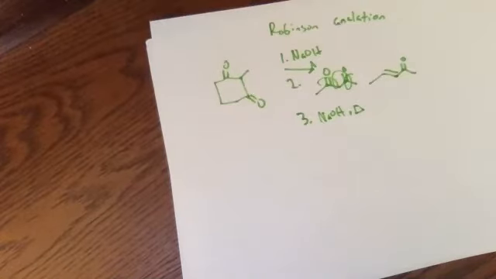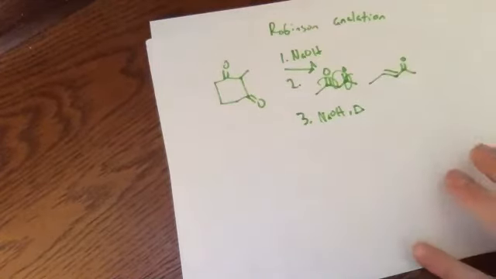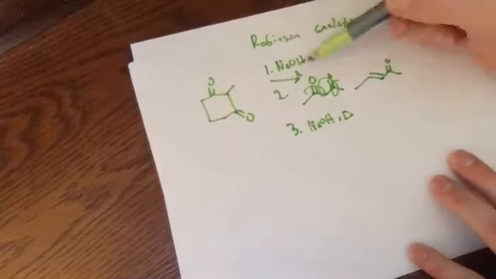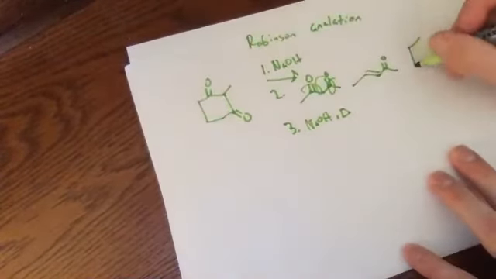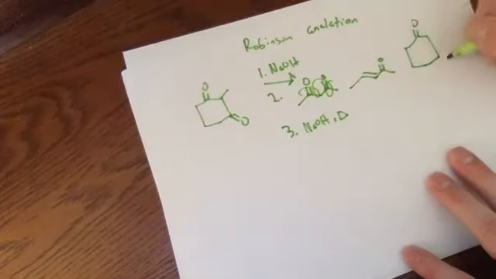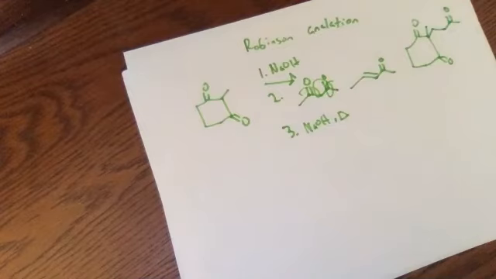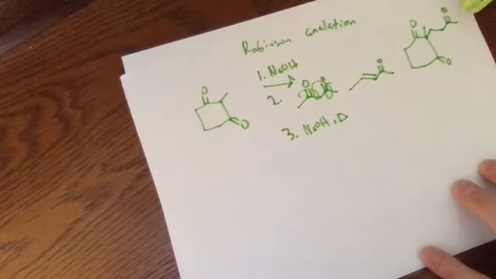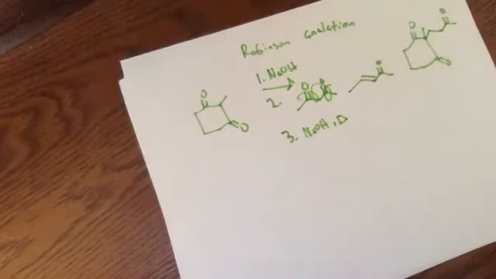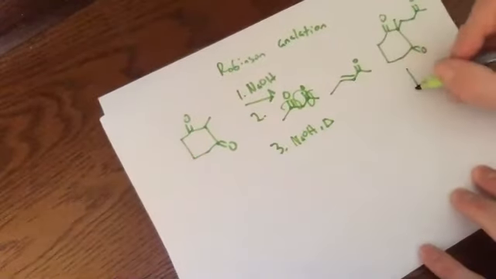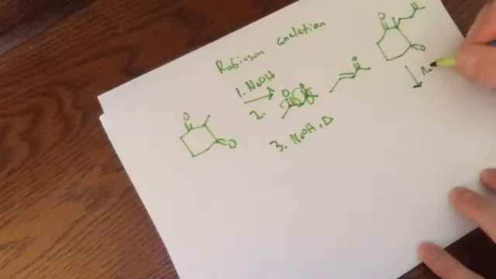All right, so our first step of this is going to give us, we're going to deprotonate, do the Michael addition. And then from here, we're going to do an aldol condensation. We're going to make an enolate here. This can either attack this carbonyl or this carbonyl. This one's symmetrical, so it doesn't matter.